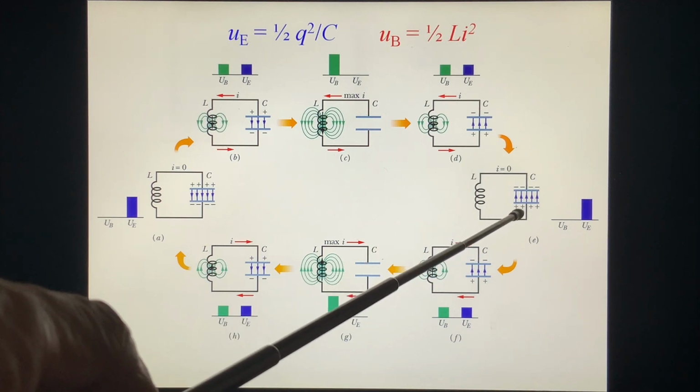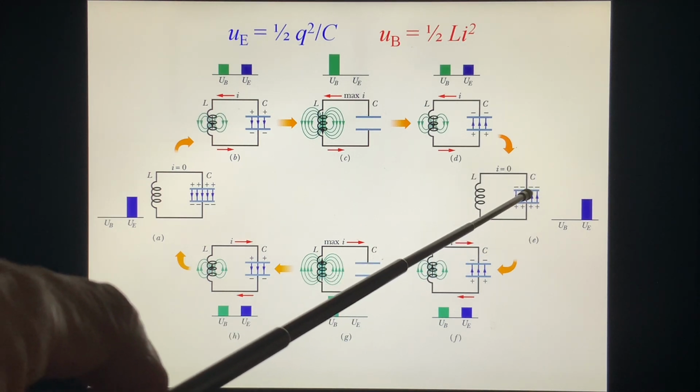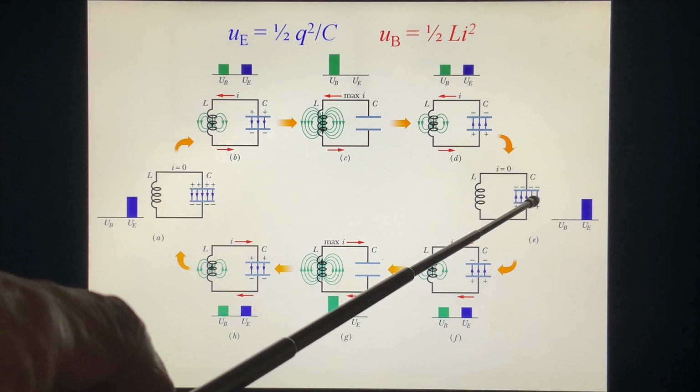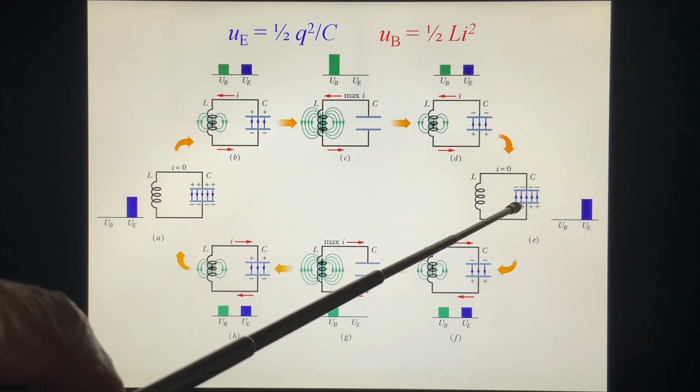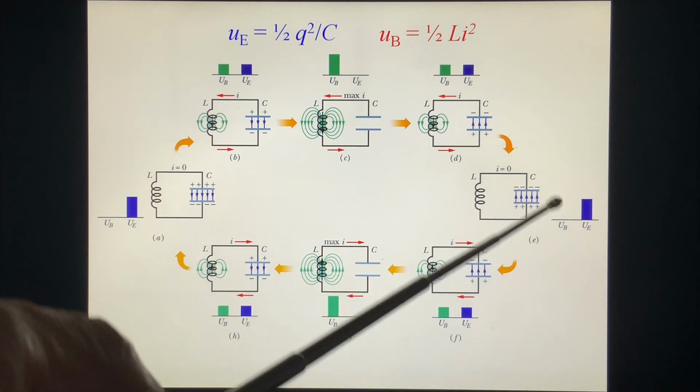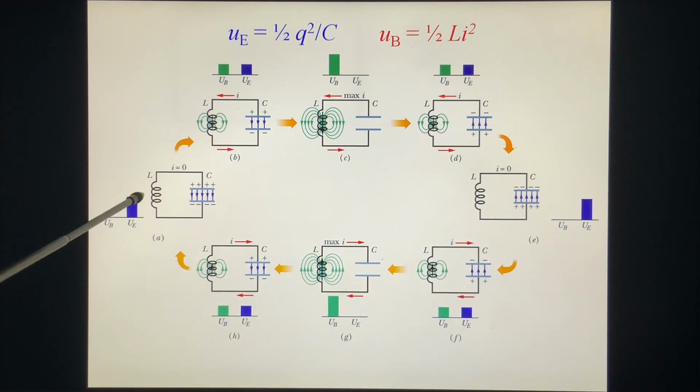And this is the maximum, the whole energy stored in the capacitor. We go back to the earlier situation, the difference is that the charge is now at the bottom. And we have the same process up, going back to this one. This is a circulation.